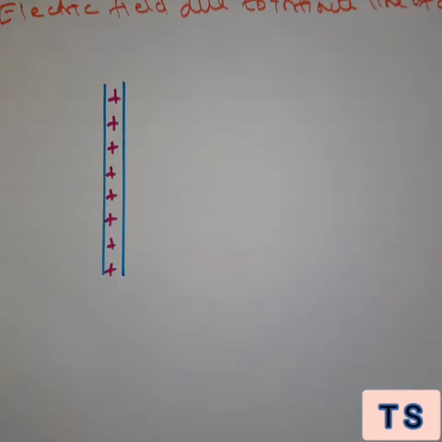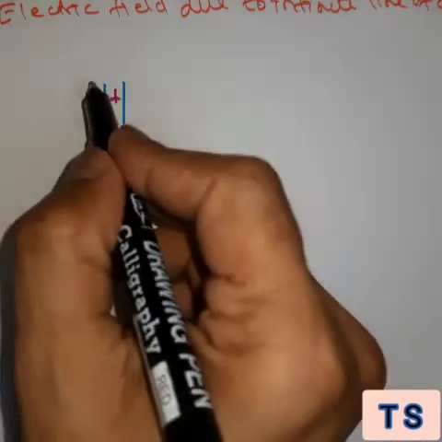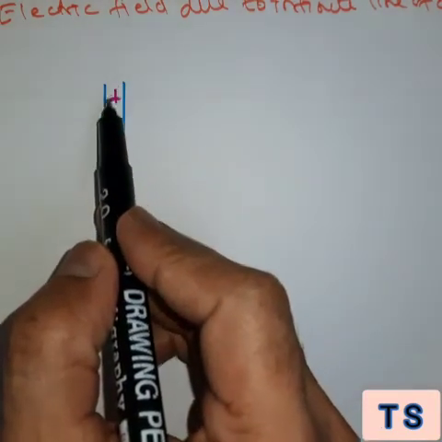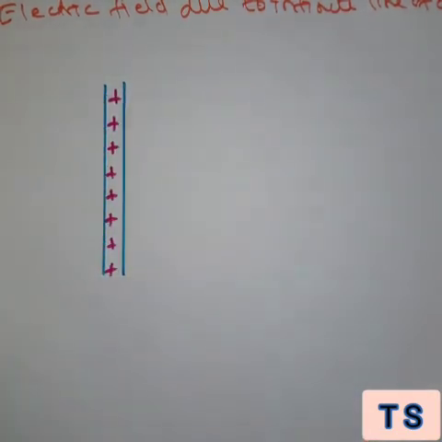Now we have to select one such Gaussian surface which should be symmetric with these charges. You can see that if I take a small cylinder across this, my charges would look like something inside the cylinder.